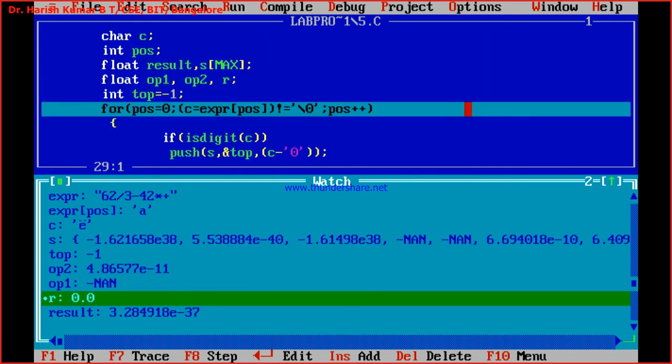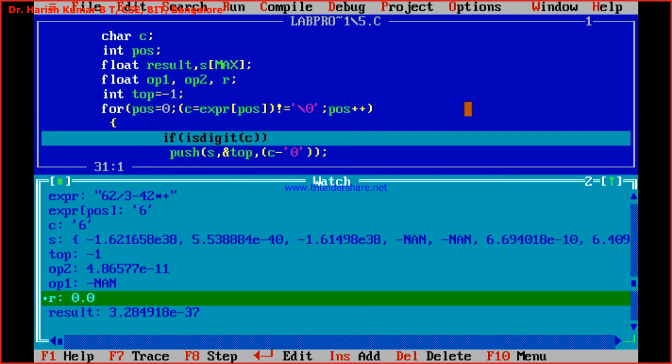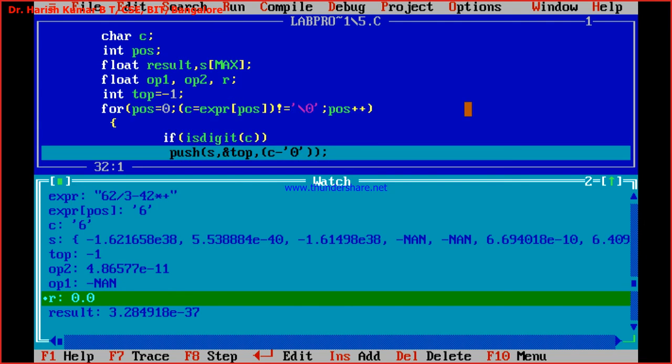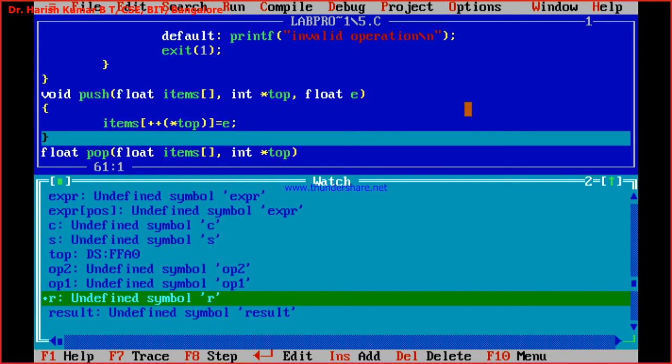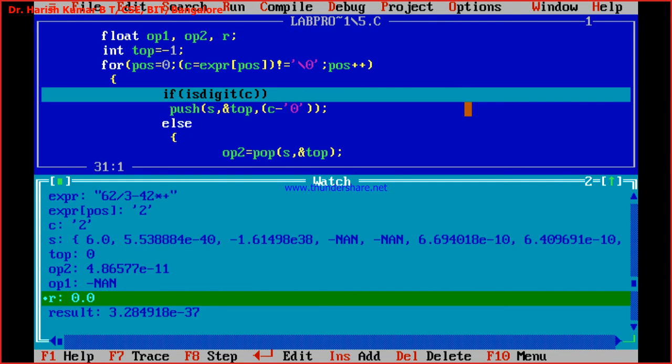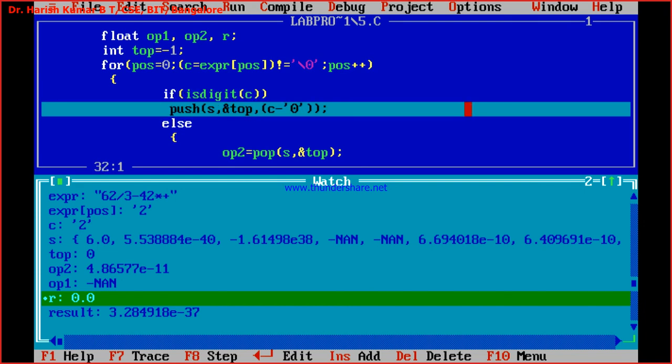So reading the first number, it's a digit, so it is 54 minus 48. So 6.0 got pushed onto the stack. Now the next symbol that is scanned is 2, character 2.